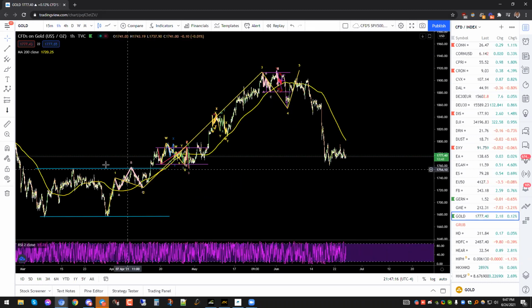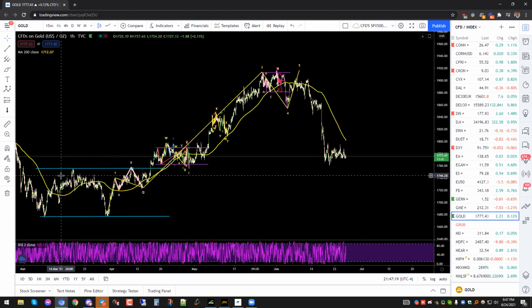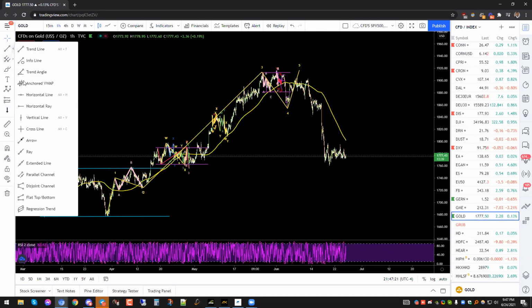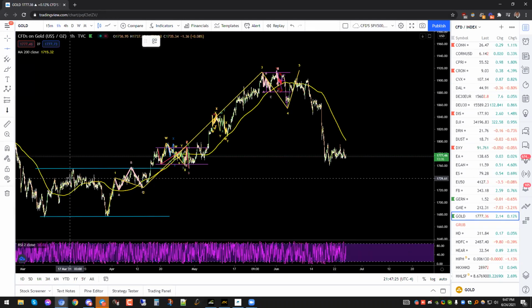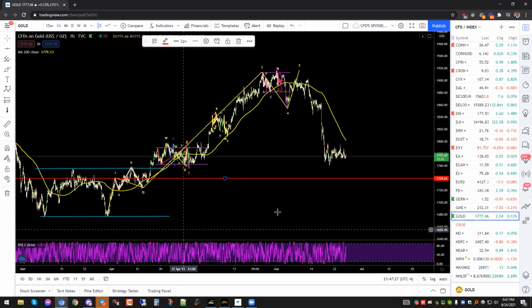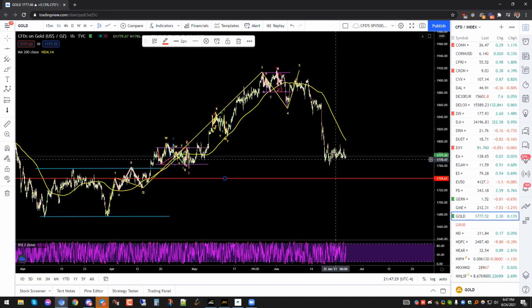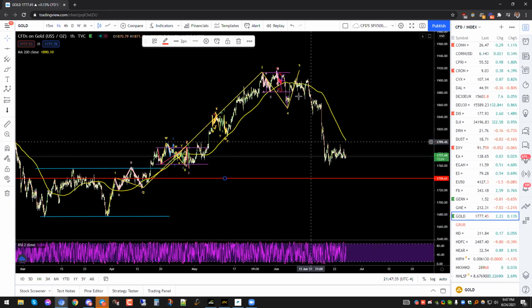So if this is a wave 4, then price should not violate this level. It should find a way back to the upside if this is going to be a bigger wave 4.